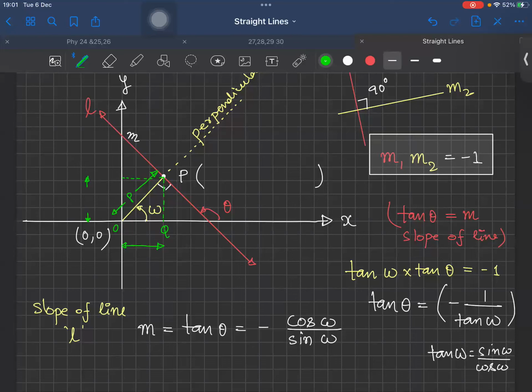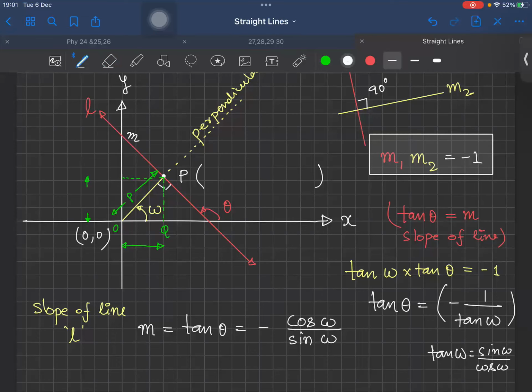In a triangle, if you are given this side P and this angle theta, can you not find this side and this side? This will be P cos theta and this will be P sin theta. You forgot? Or in 10th class trigonometry, you haven't studied that?